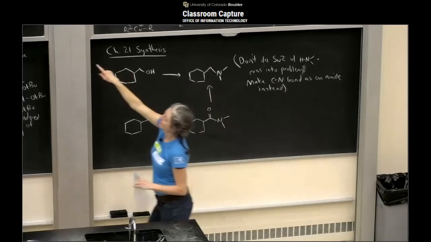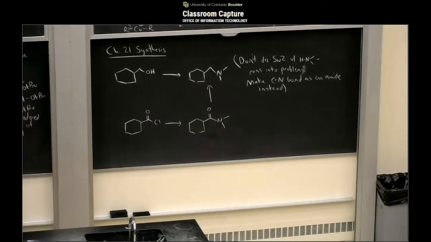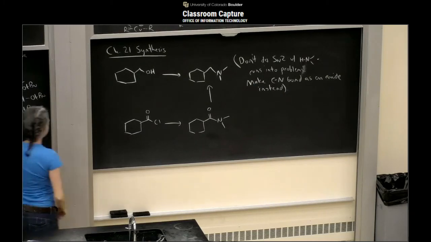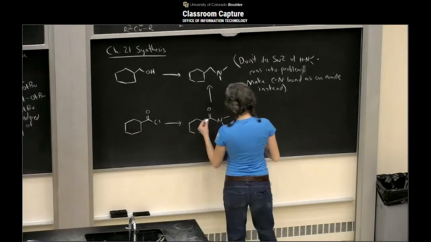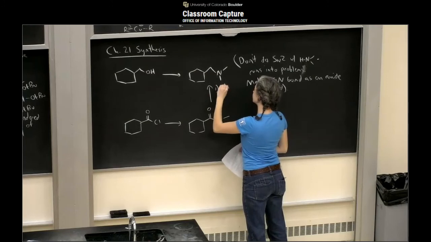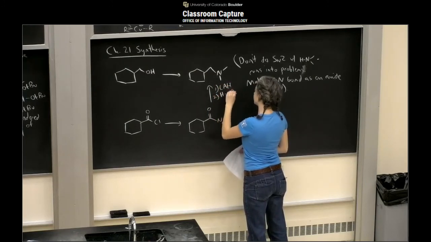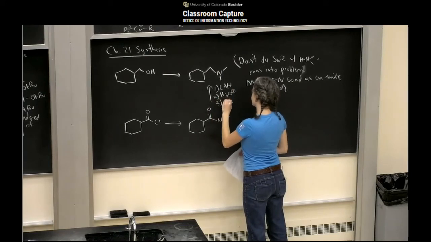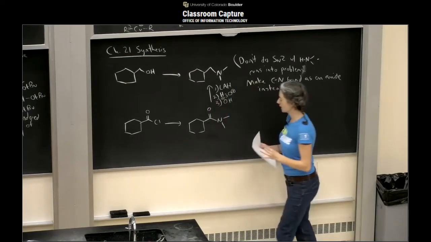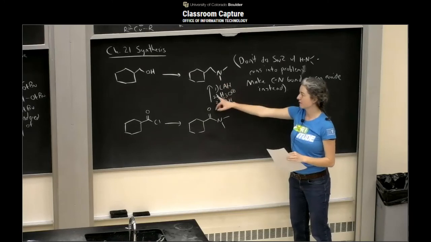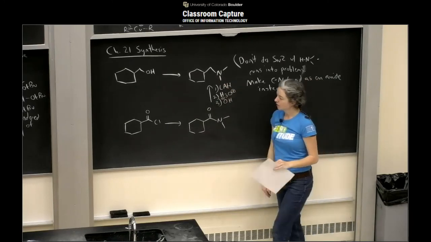So, yeah, this reaction here, amide goes to amine if we use LAH. So that actually is going to work okay. Okay, so that end of the synthesis we've got sorted out at least.